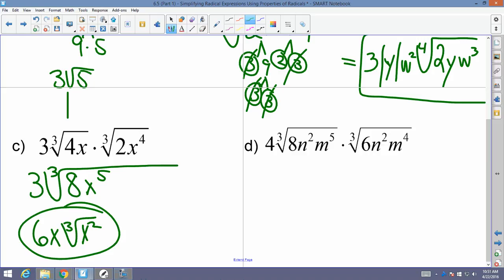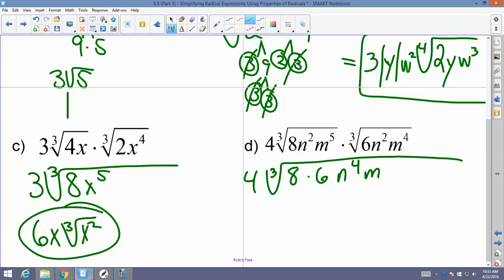Here I've got 4 times the cube root of 8 times 6, n to the 4th, m as in Mary, to the 9th. 8 is 2 and 4, 2 and 2, that's 2 and 3. I have a cube root, so a 2, a 2, and a 2 comes out as a 2. 2 times this 4 out here is 8.